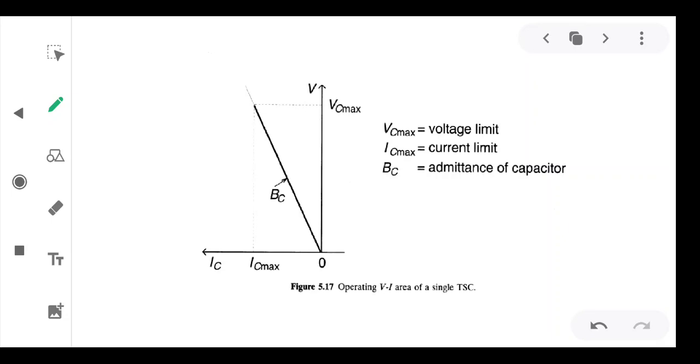You can have step-like changes in reactive power: plus Q1, plus Q2, plus Q3, like that. When TSC1 is on, plus Q1; TSC2 is on, plus Q2; and TSC3 on, plus Q3. Like that you can have the switching operation of TSCs.